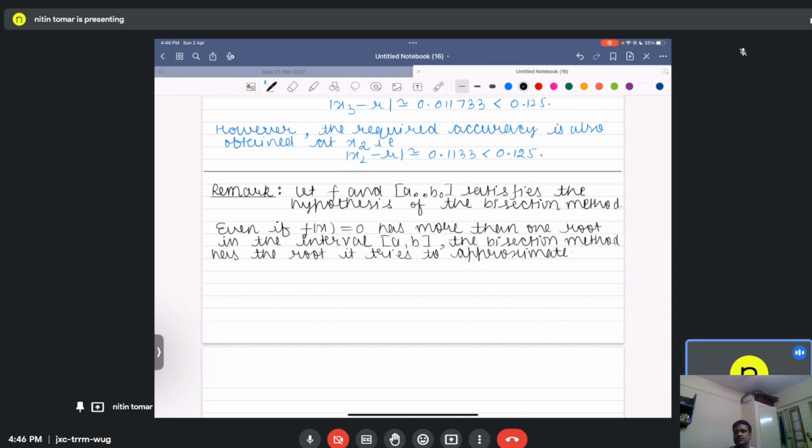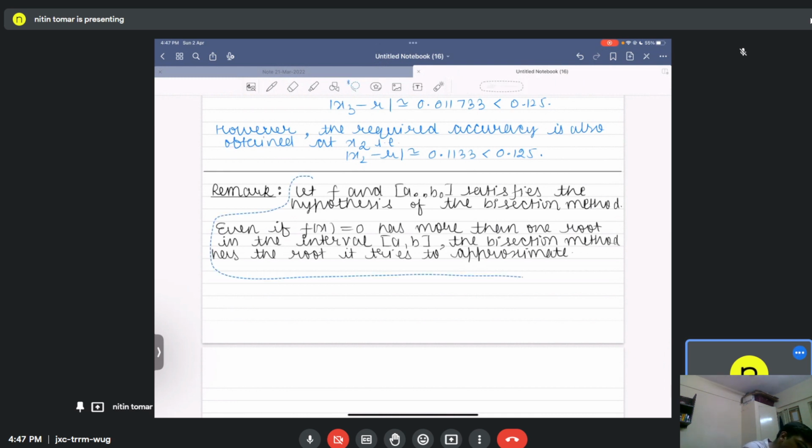Even then, the bisection method does not fail. It depends on what interval you start with in the beginning; the bisection method will converge to a root.